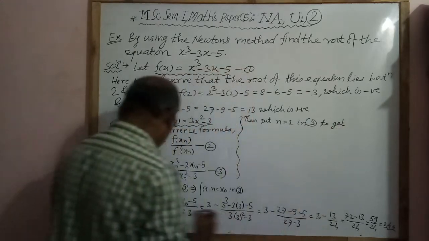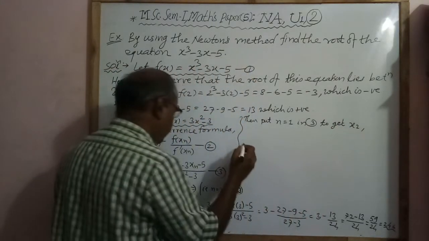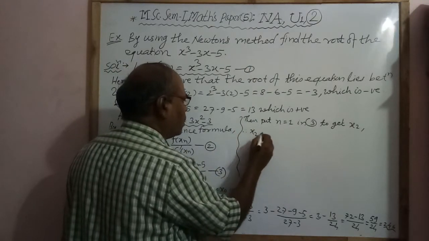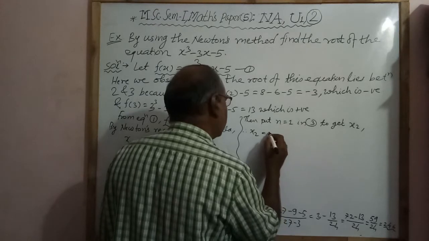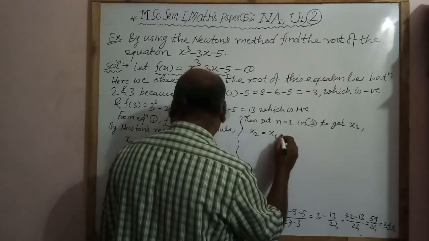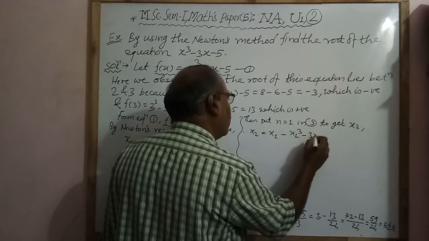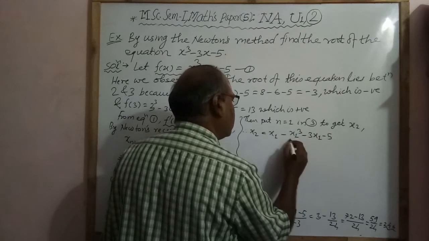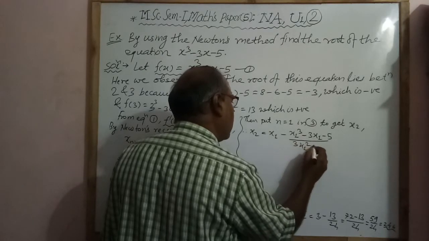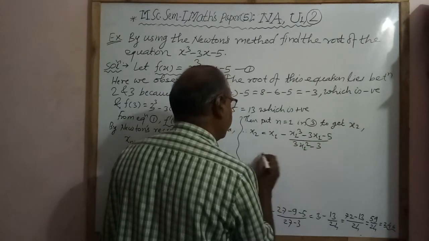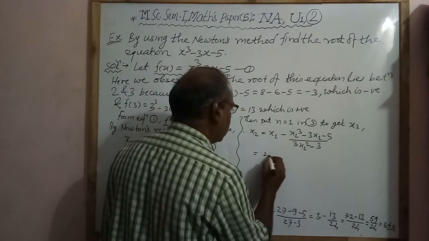Therefore x2 equal to x1 minus x1 cube minus 3x1 minus 5 divided by 3x1 square minus 3.